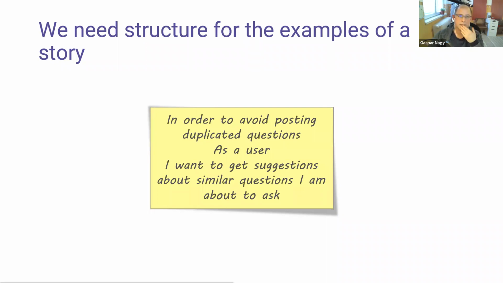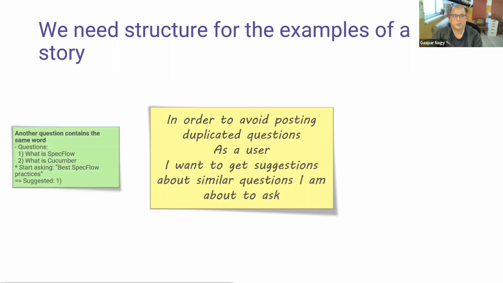For example, this user story is from a Q&A site, where it says that to avoid posting duplicated questions, as a user I want to get suggestions about similar questions when I'm about to ask. And of course, you could come up with an example, or you could ask the product owner to provide an example, and maybe they would say, well, let's imagine that we have two questions already in the system.